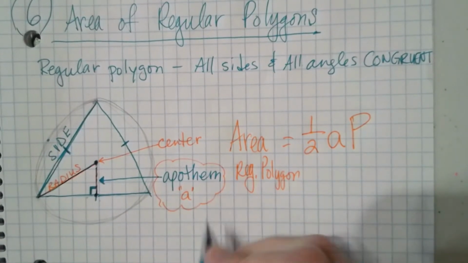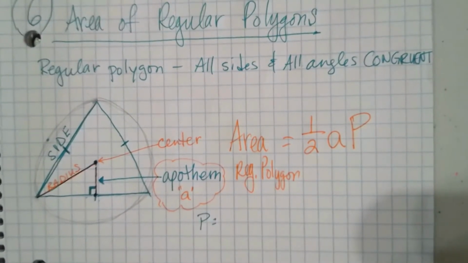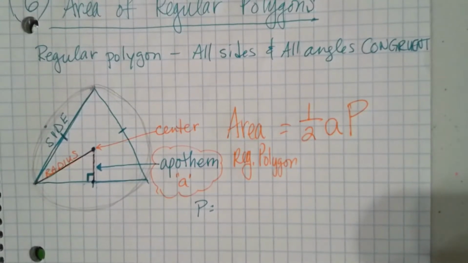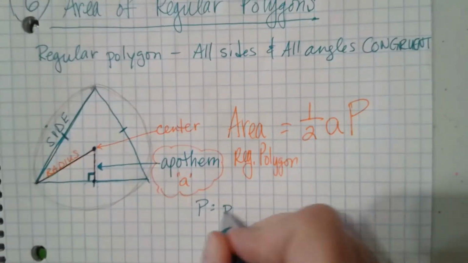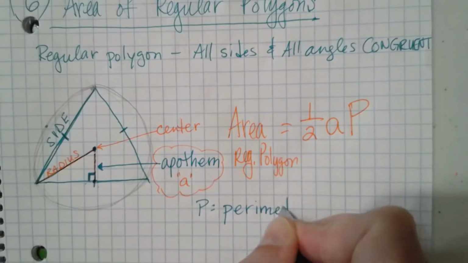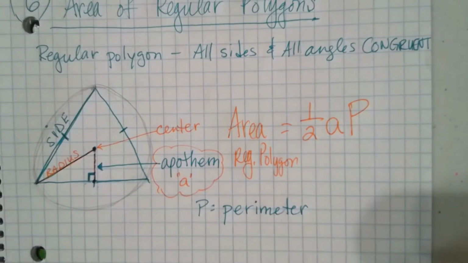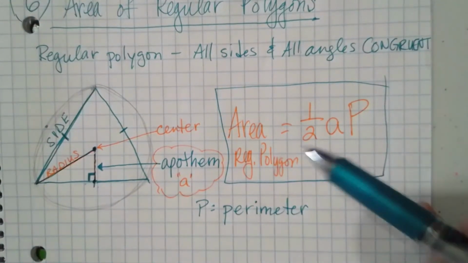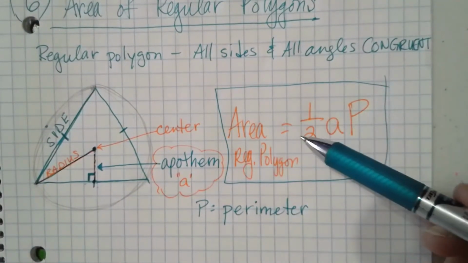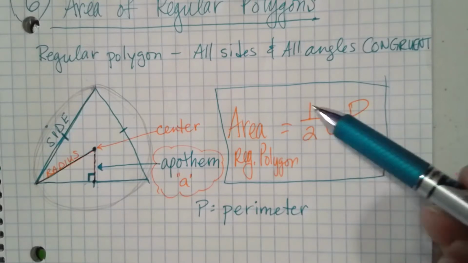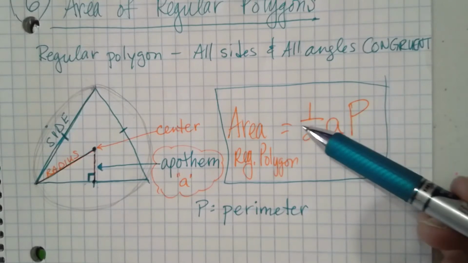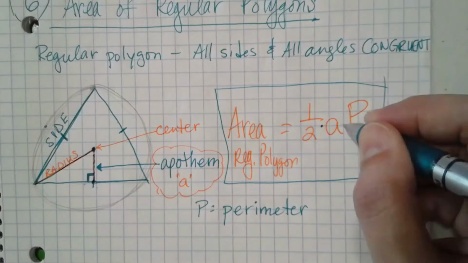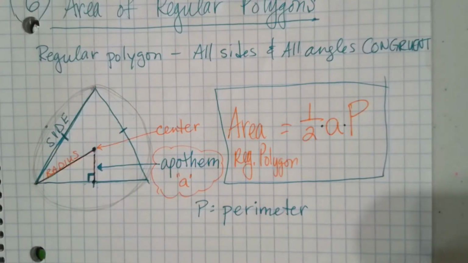Capital P stands for, what word do you think capital P stands for in a shape? Perimeter. I heard you all say the right word. So this is our formula for area of a regular polygon: 1/2, or you can change that to 0.5 when typing it into our calculator, half of the apothem times the perimeter. There can be implied multiplication signs in there. That's the formula.